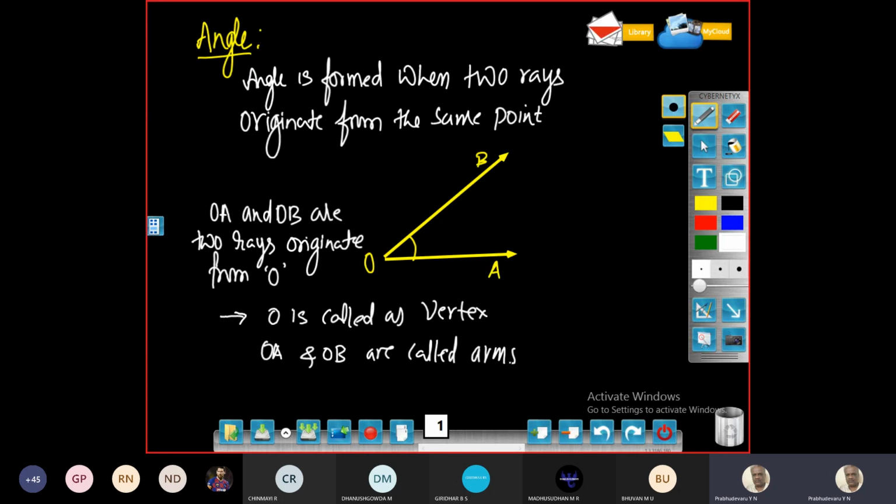Then we represent this angle as angle AOB, using the symbol. The vertex should be at the center, we have to write it in the middle. Vertex O: AOB, or sometimes you can write in another way, angle BOA also. Angle BOA or angle AOB, in either way you can represent this angle.